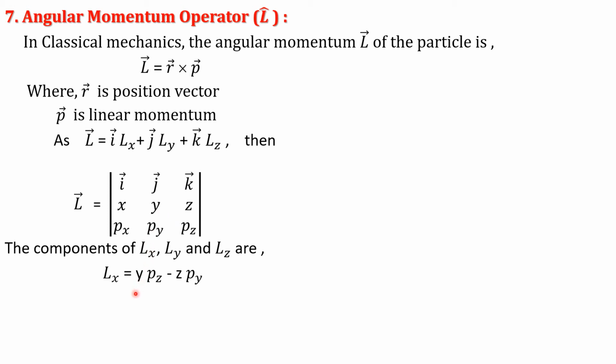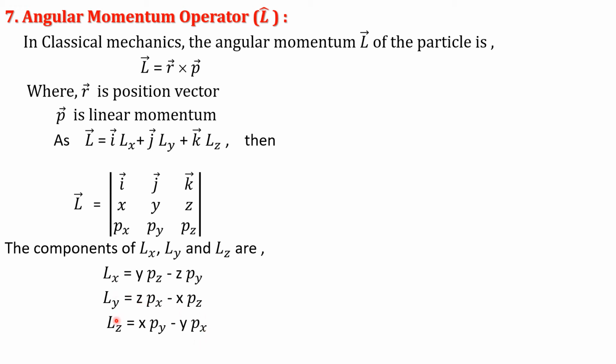Similarly, Ly. How do we find Ly? Since it is the coefficient of the vector j, we find z px minus x pz. So we write Ly equals z px minus x pz. And what is Lz? Lz is the component along the unit vector k, that we write here as x py minus y px.